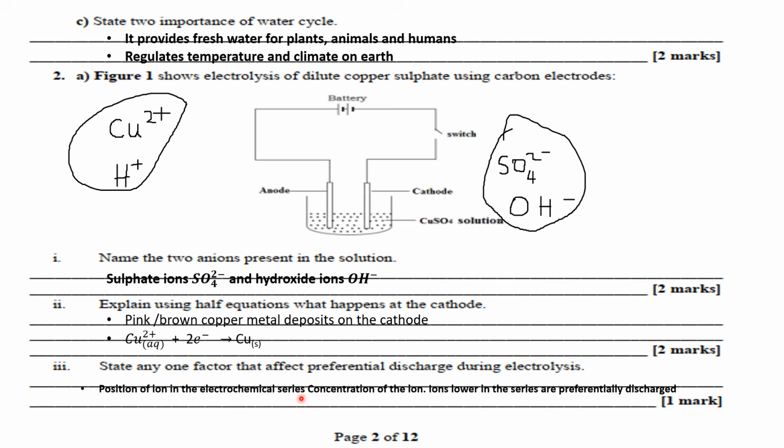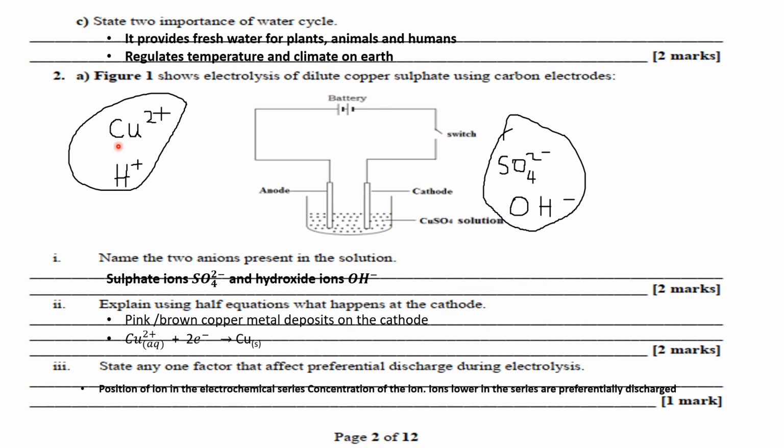Well done, learners. Another factor is the concentration of the ions in the electrolyte. The higher the concentration of a particular ion in the electrolyte, the more likely that ion is to be preferentially discharged.